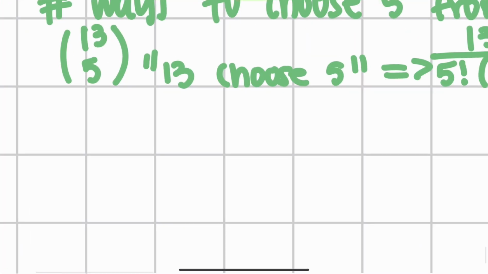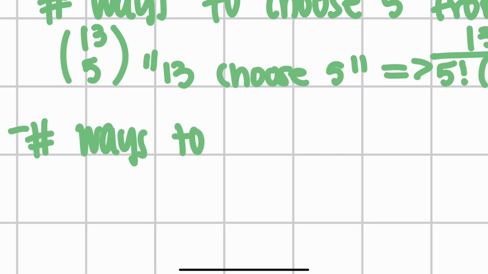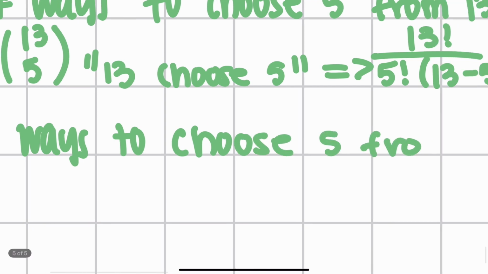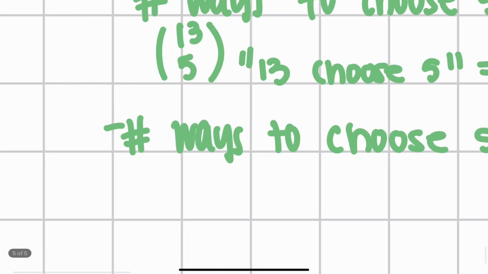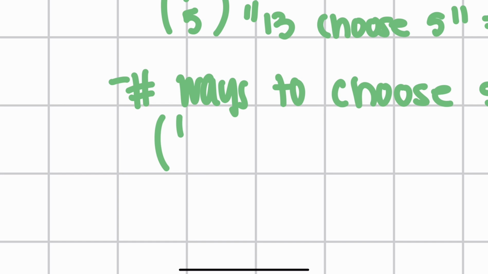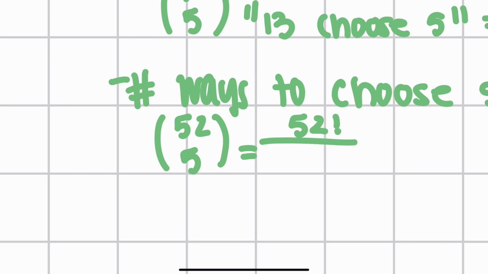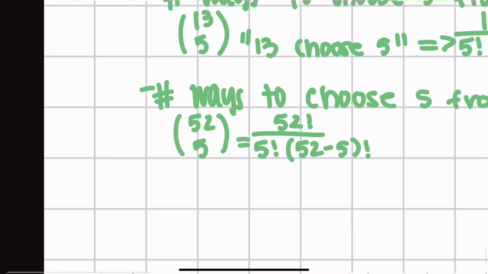So now let's look at the number of ways to choose 5 cards from the 52 card deck. Again, we're going to say 52 choose 5, which is equal to 52 factorial over 5 factorial times 52 minus 5 factorial.